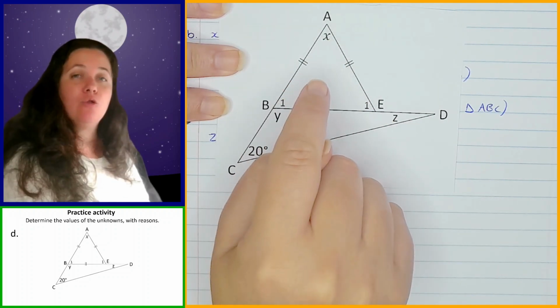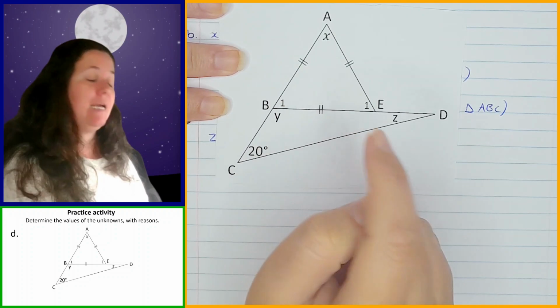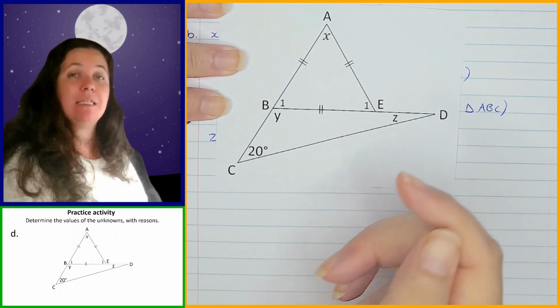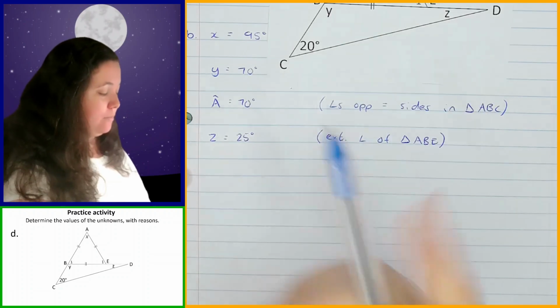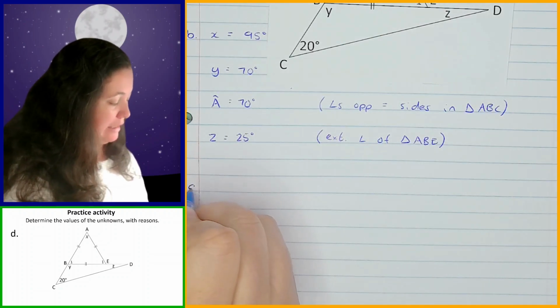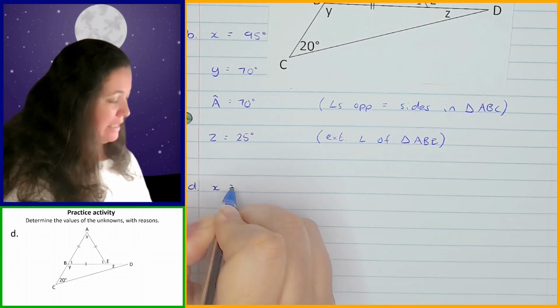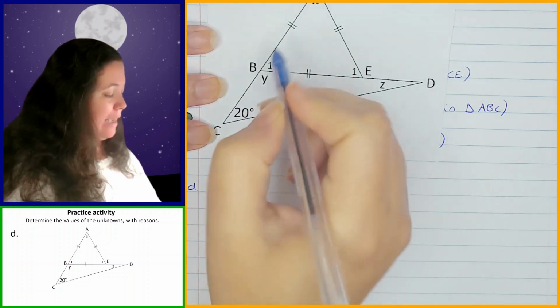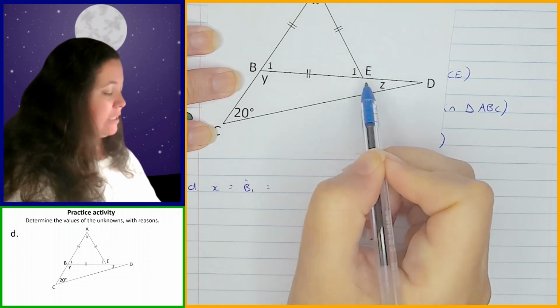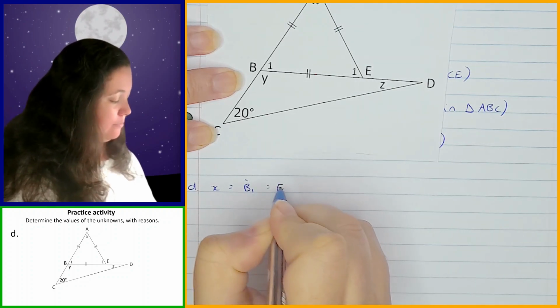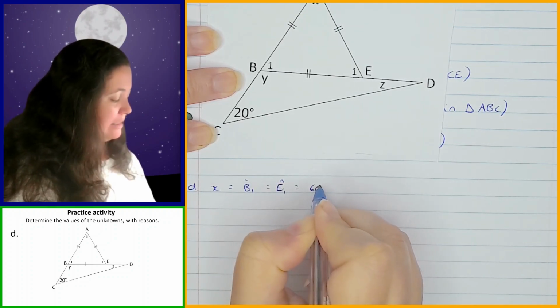And in an equilateral triangle, we know that all three angles will be the same size and they will all be 60 degrees. So I can say that for question D, x is equal to angle B1, which is equal to angle E1, which is 60 degrees.